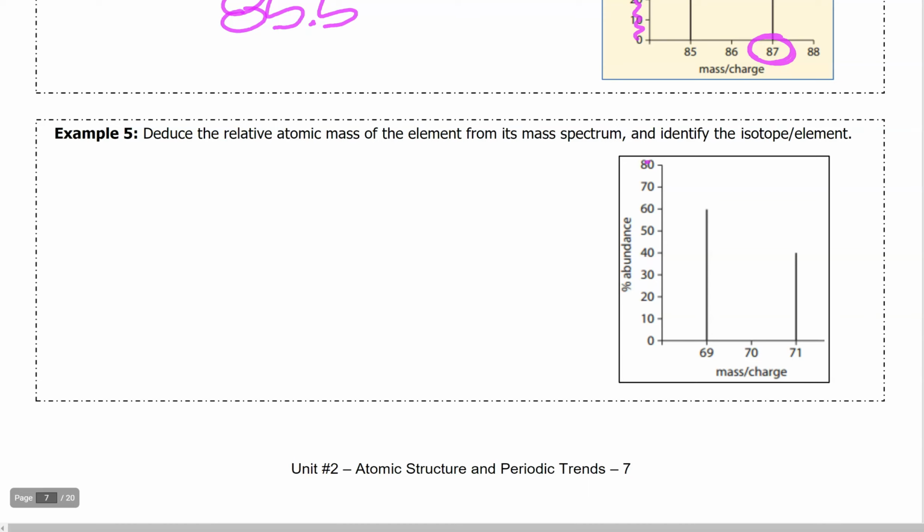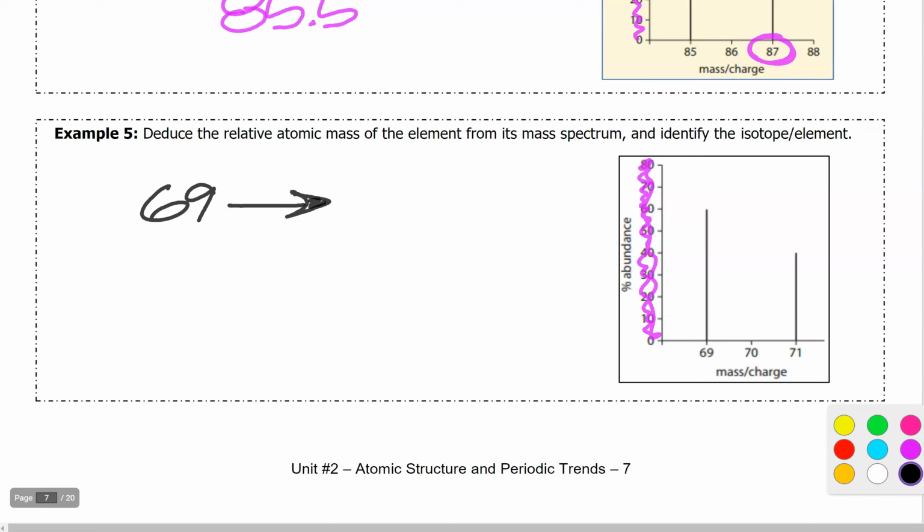So we're going to pretend like none of this exists right now, and all we have is these two lines. So 69 is bigger than 71. But they're pretty close, right? The lines are pretty close. I know my answer is going to be pretty close to 69, but I know it's going to be bigger than 69. But it's not like the lines aren't the same height.